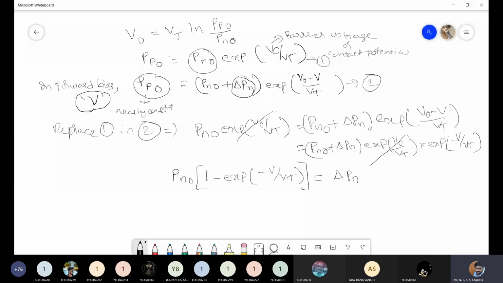Now if I bring this exponential term to the left hand side, it becomes delta Pn is equal to Pn naught into exponential of V by Vt into 1 minus exponential of minus V by Vt.